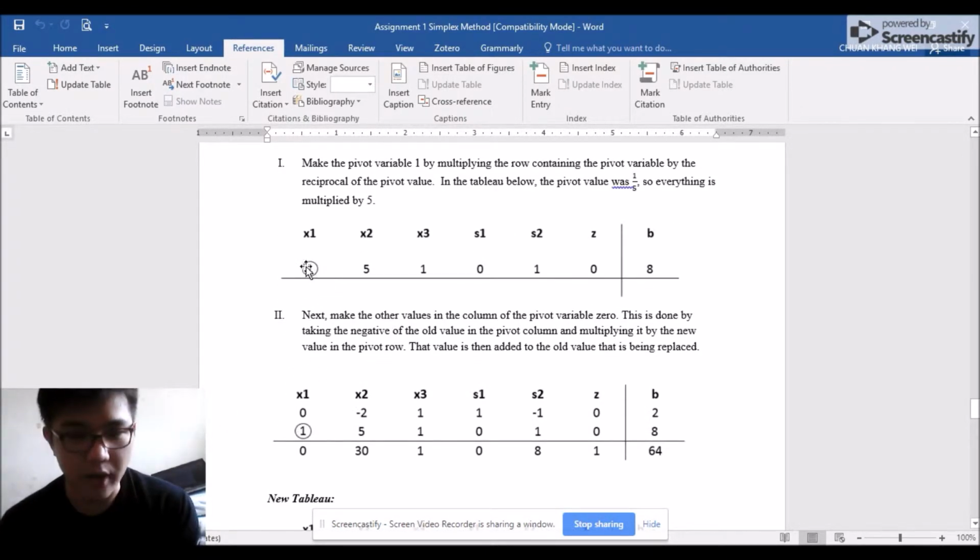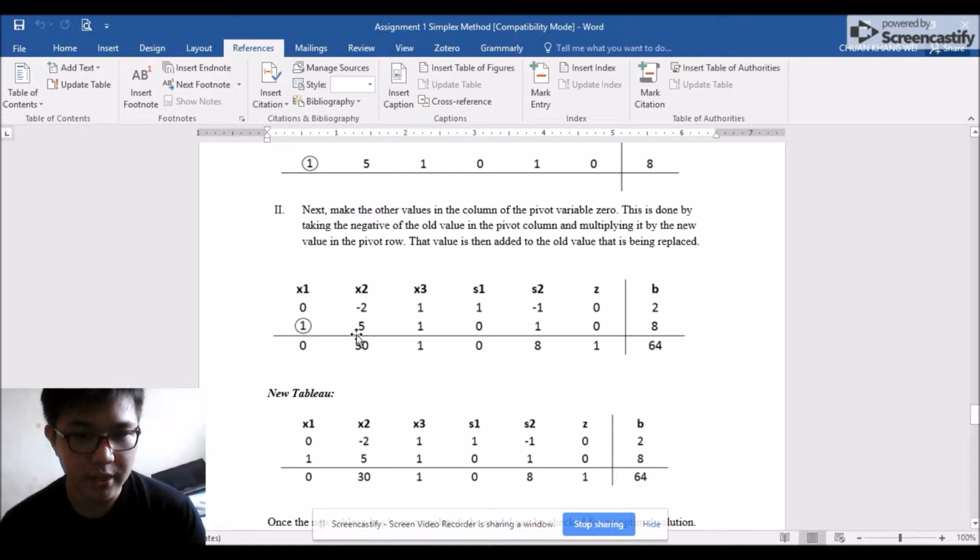After getting the value of 1 for the pivoting row, we need to use this pivoting row as the basis to either combine with another row or subtract from another row to make the other coefficients become 0.